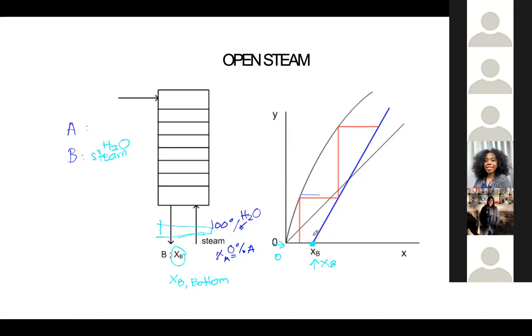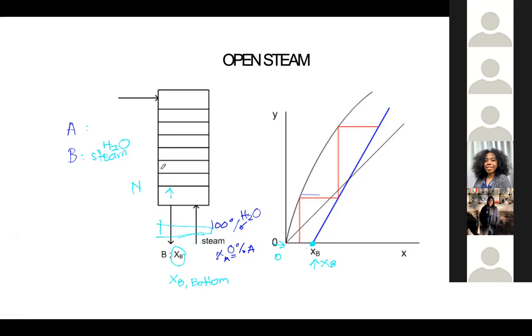But what happens then? To know the composition leaving tray N, you want to find the composition. I'm going to write it in red so it's easier.